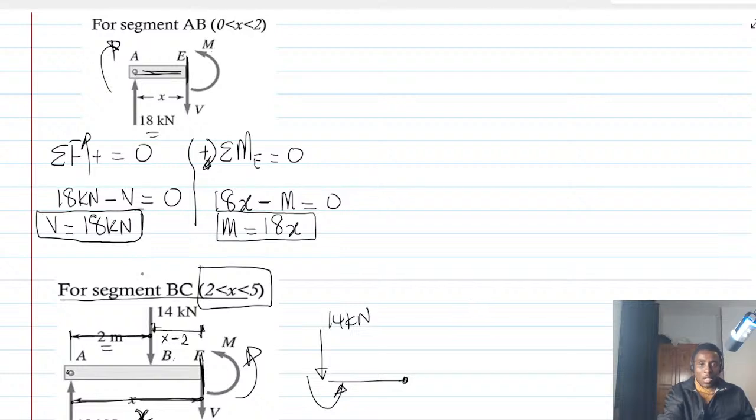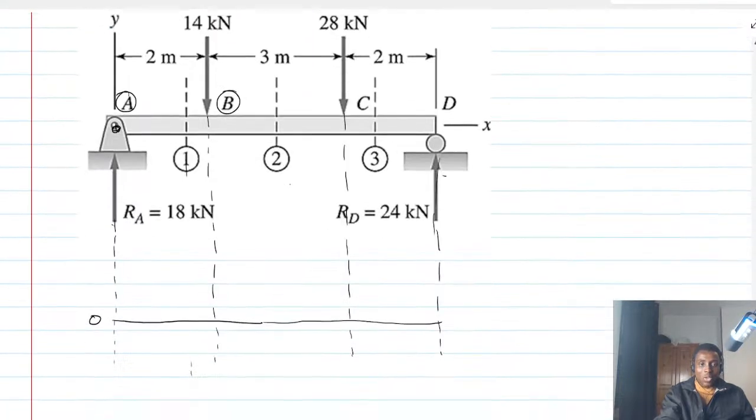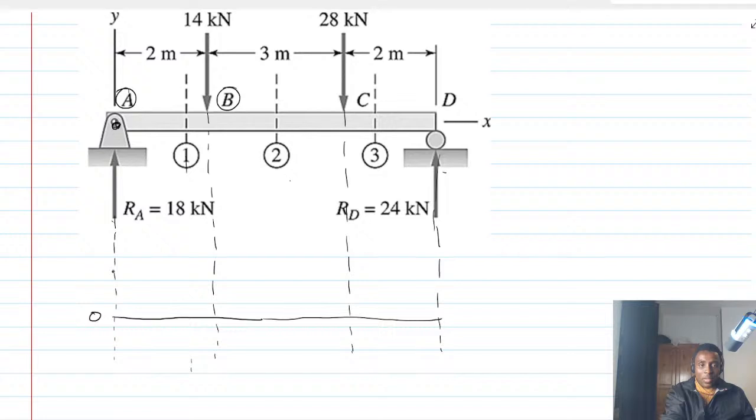So the shear force was what? 18. Right? So when you come to the diagram, you just illustrate 18. That's all.